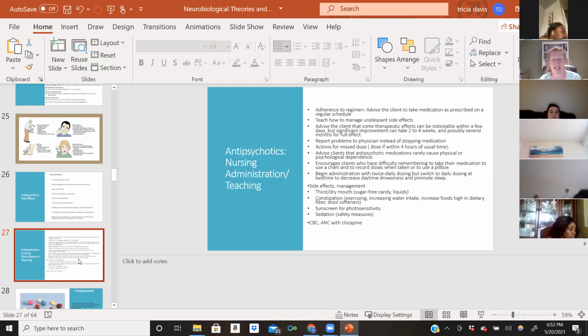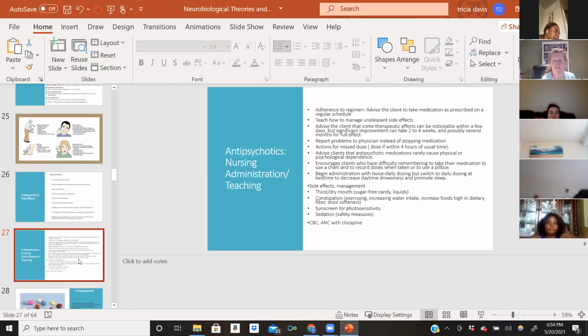You can advise clients with antipsychotic medications that they rarely cause physical or psychological dependence. So a lot of patients don't want to take certain medications because they're afraid they're going to get addicted to it. Well, these medications don't have a high probability of dependence.